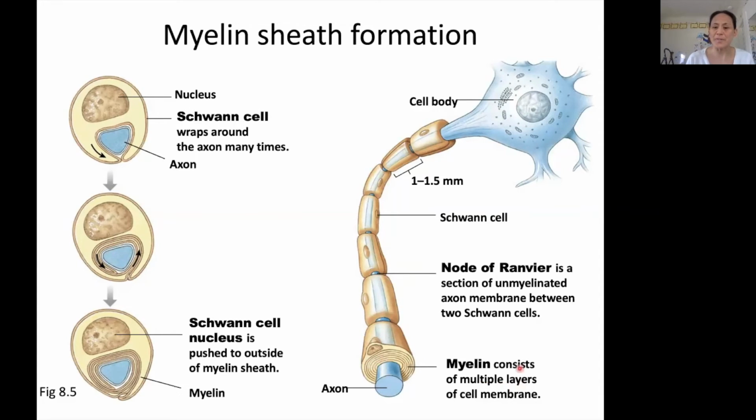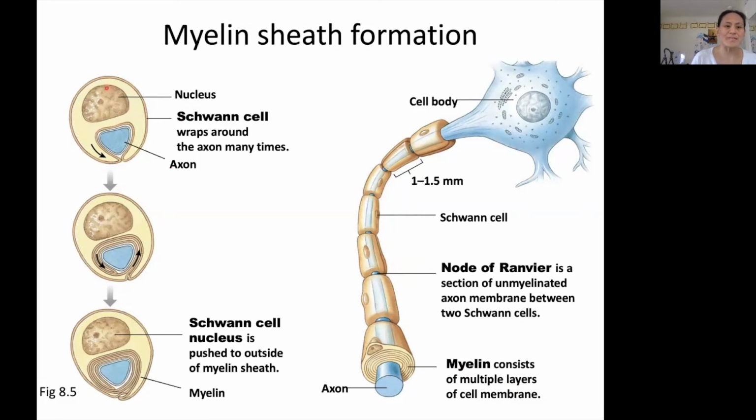They're these multiple layers of cell membrane, okay? And the way that those layers of cell membrane get there is that we have Schwann cells or oligodendrocytes wrapping themselves around and around and around the axon many, many times.